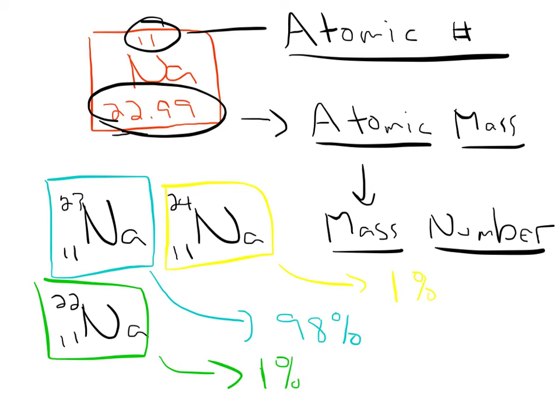So again, if we had 100 sodium atoms, 98 would be this isotope, which has a mass of 23.